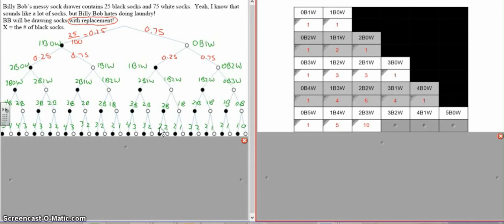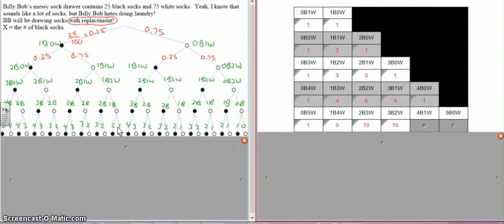1, 2, 3. Oh, I think I lost count here. 1, 2, 3, 4, 5, 6, 7, 8, 9, 10. How many branches do you think there are for 4 blacks? Let's count.